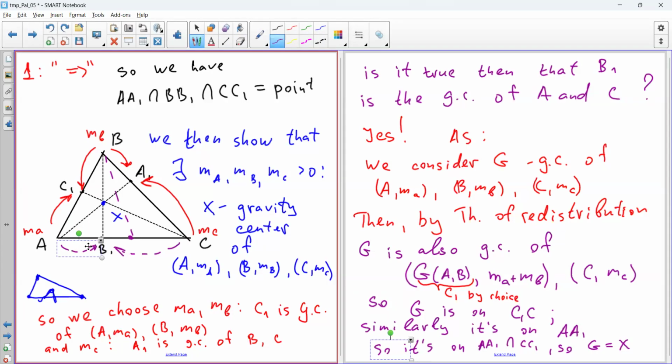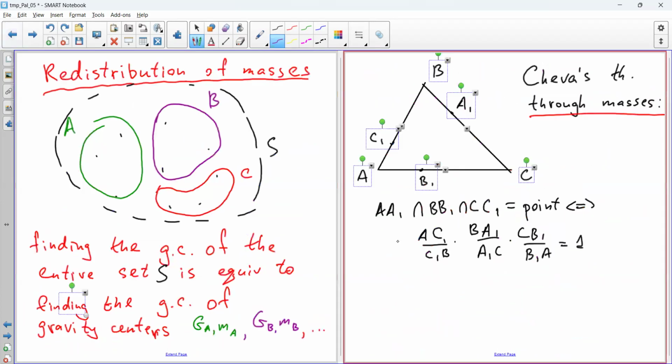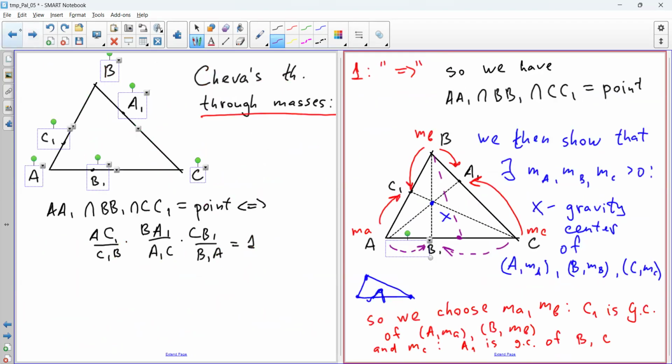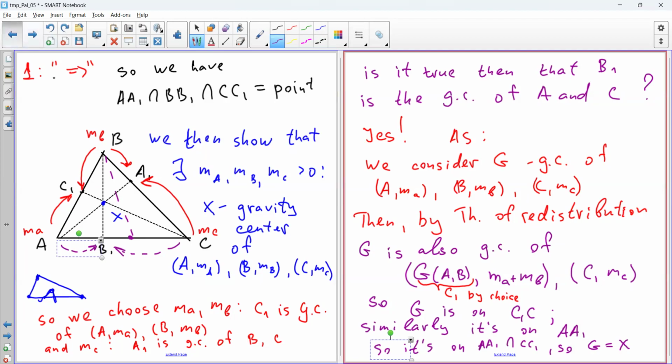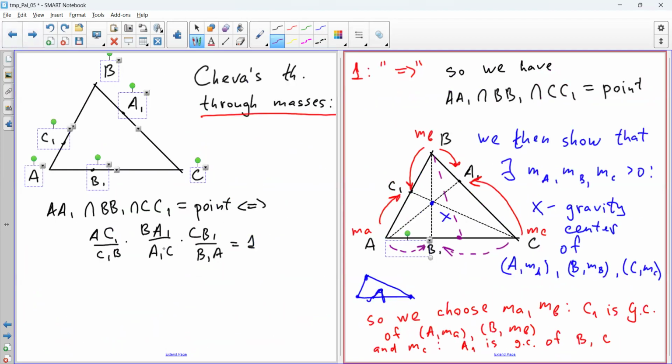And that is why geometry would be so helpful in physics, related to masses. So that is how we now know that each fraction over here would be just equal to a fraction of two masses. And you can easily check that the masses would be going in such an order that all of them would be canceled out as the result. So we will have the thing equal to 1.